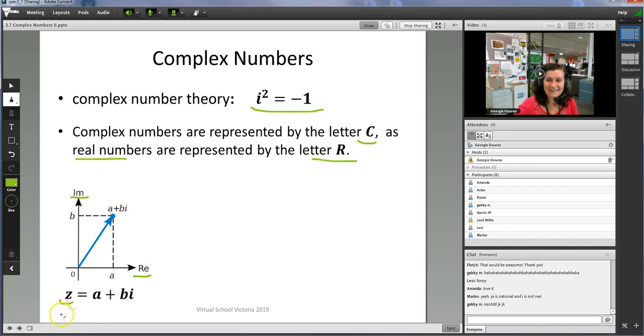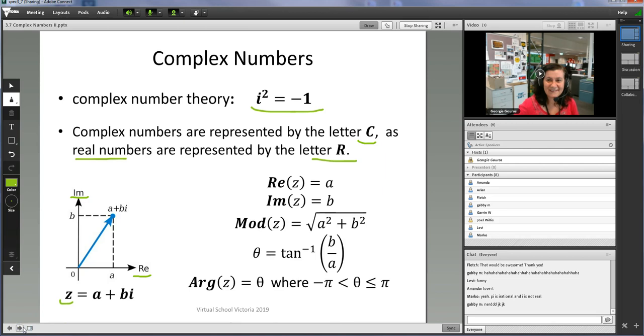And z is often used to represent any complex number. Not sure why. Must be historical reasons. So if this was our complex number, z is equal to a plus bi, the real part of that complex number is the a component. The imaginary part of the complex number is the b component.